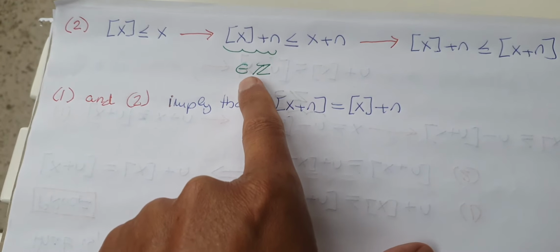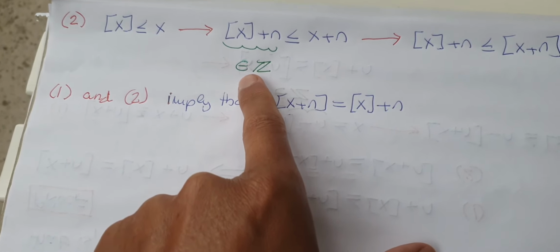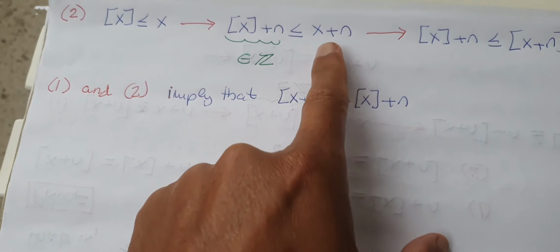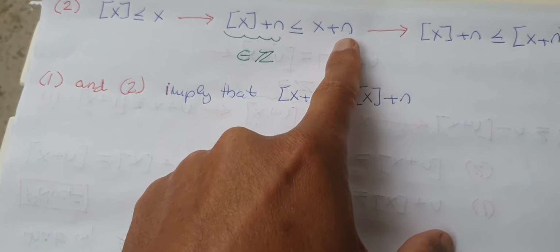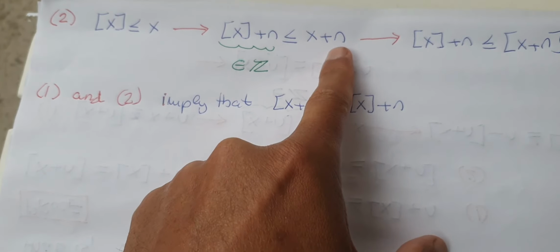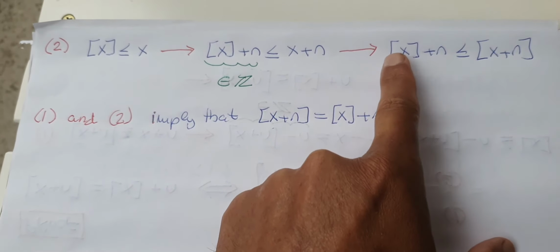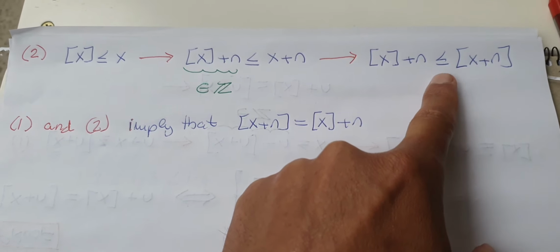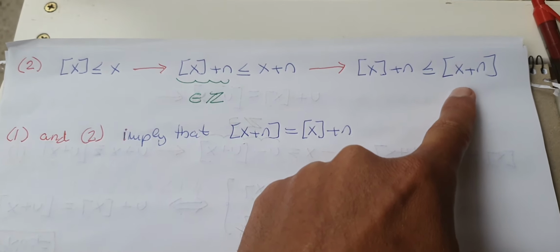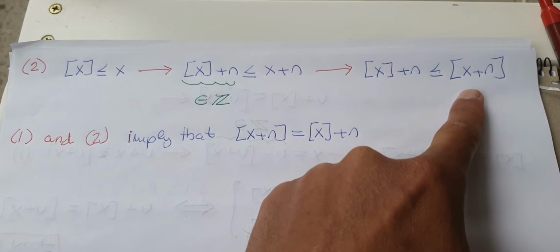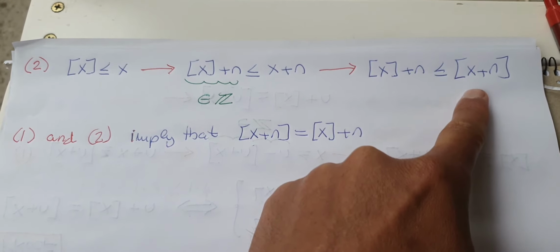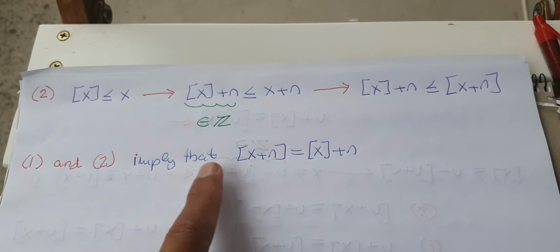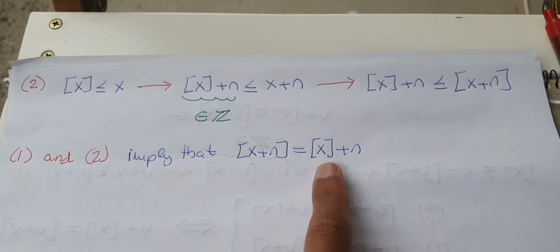But once again, the left hand side is an integer, and this integer is less than or equal to x plus n. And by the definition of the integer part, the integer part of x plus n is less than or equal to the integer part of x plus n. Now we have proven 1 and 2, and together they imply the equality.